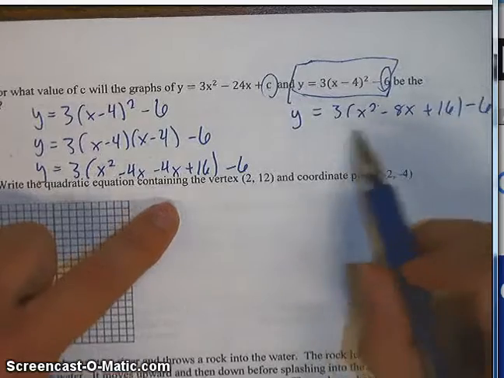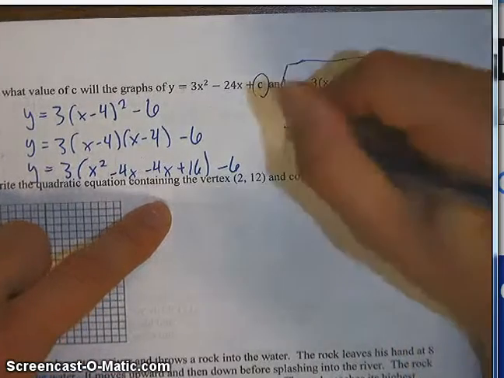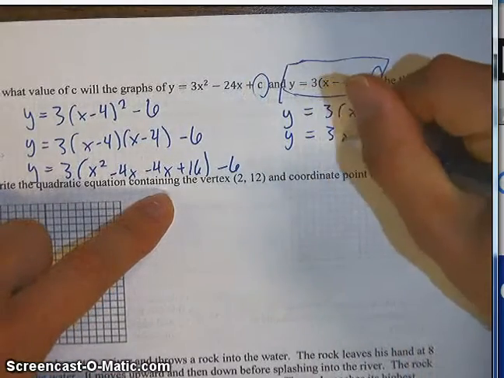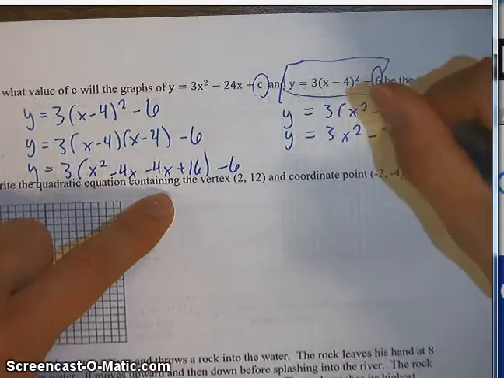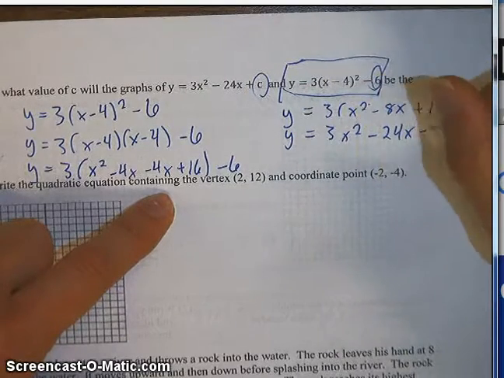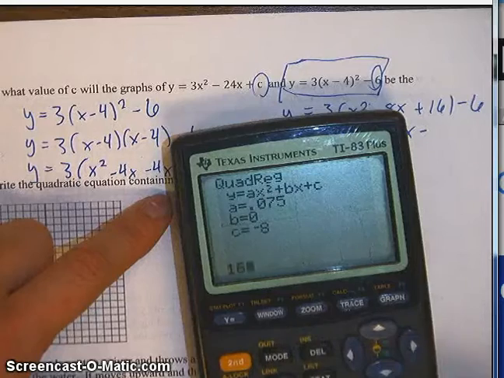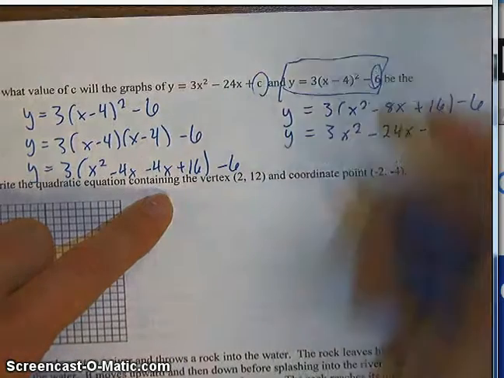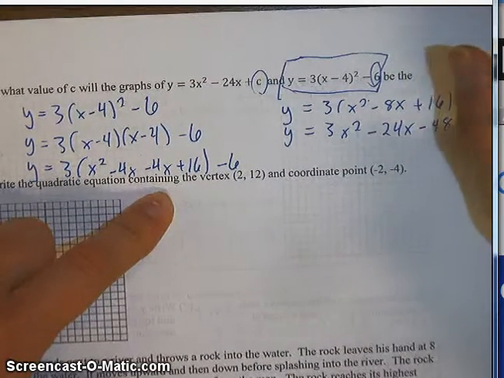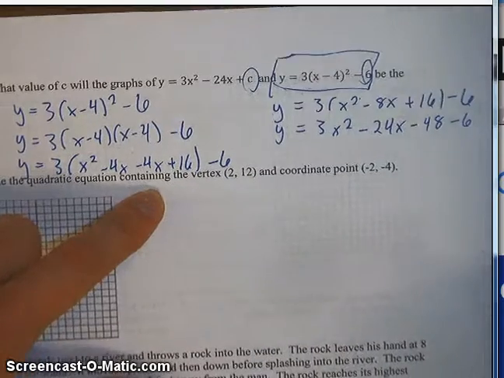Now I'm going to distribute that 3 all the way through to get y equals 3x squared minus 24x, and then 16 times 3, got a calculator, might as well use it, is 48. And I still got that minus 6 at the end. So now we're almost there.